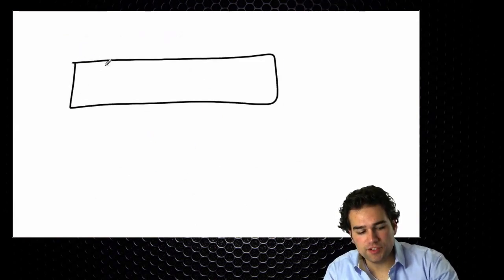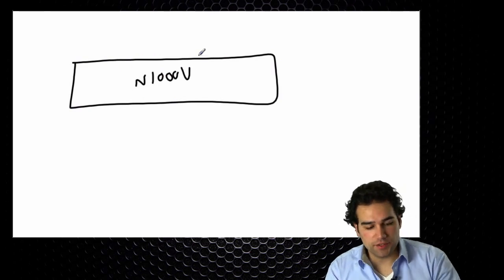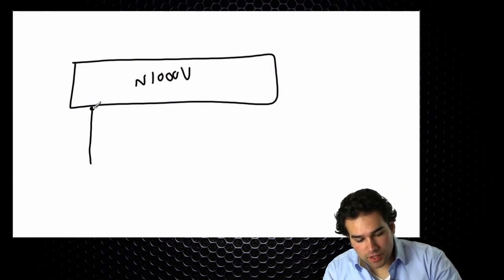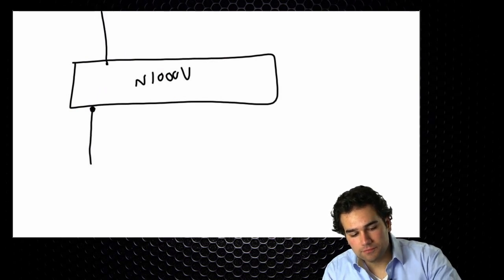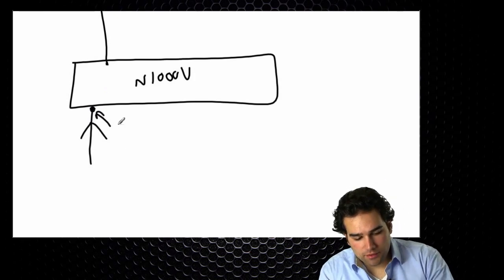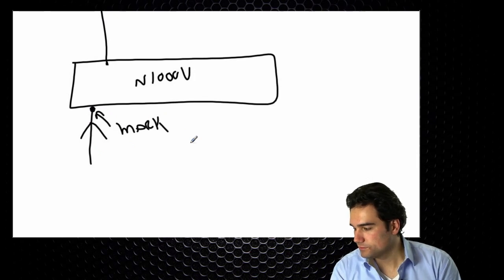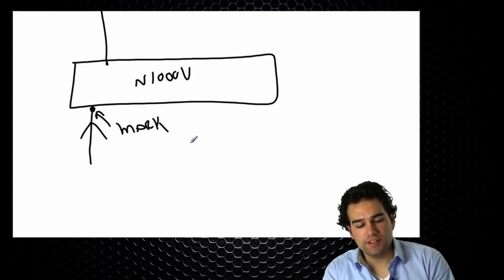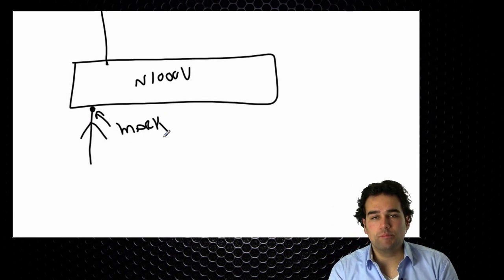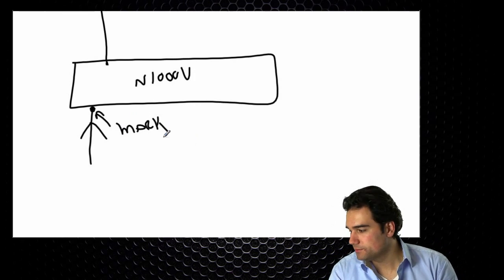If I have a switch, in my case it's the Nexus 1000V, but I don't care what kind of switch. I have traffic coming in and I have traffic going out. I mark the traffic coming in, right? So this is my incoming traffic. Here's where I do my marking for QoS. Then I set the marking, so I recognize the traffic based on IP access lists, based on protocols, based on all kinds of things.